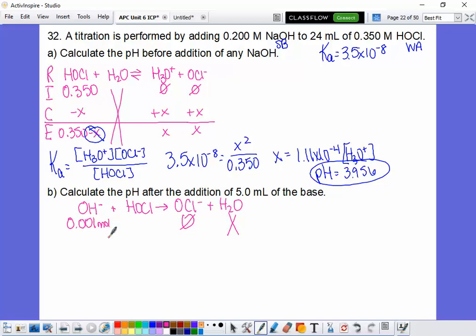And normally I don't put units in tables like this. I'm doing it for this first one. Exactly. Na is a spectator because it's not actually affecting the outcome of this problem. It's just there along for the ride. HOCl, we have 24 milliliters. That's 0.024 liters. And it's a 0.350 molar solution, so that's 0.0084 moles.